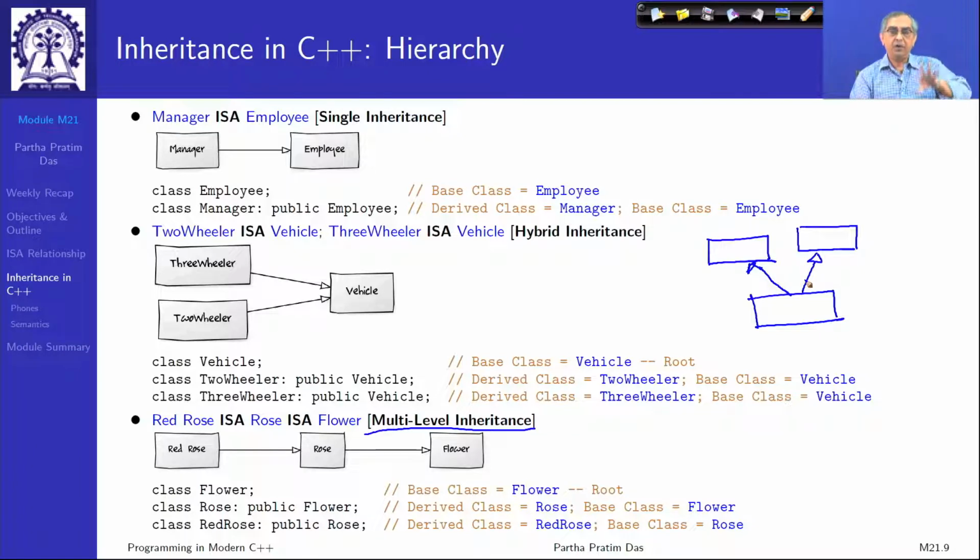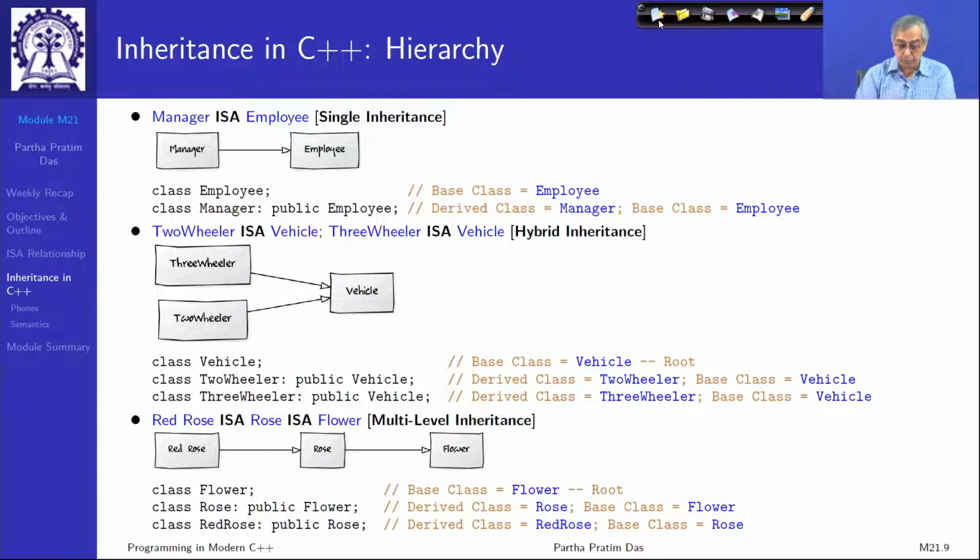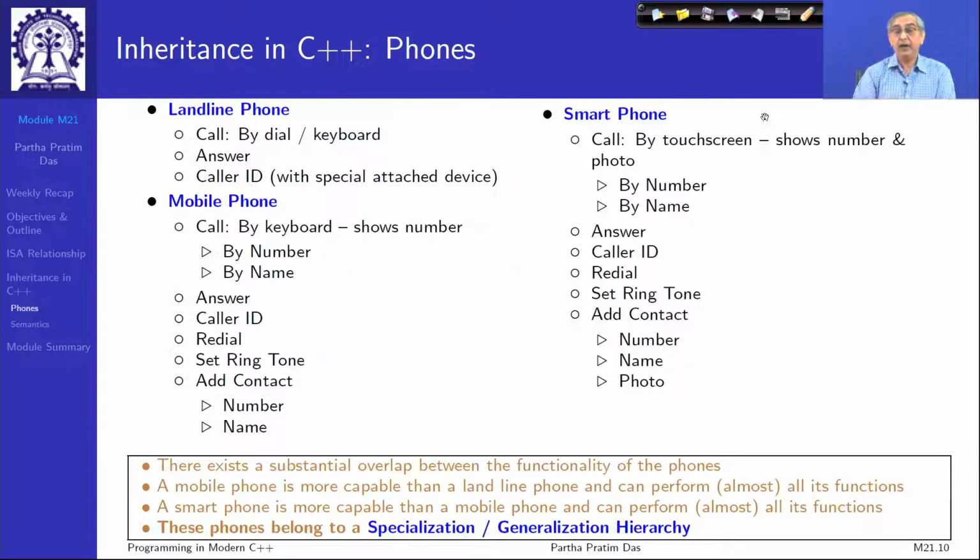That is, concept wise, far more complicated, so we are going to discuss it much later. I did not talk about it here. So, for now you have single inheritance, hybrid inheritance and multi-level inheritance to start with, which potentially can give rise to a hierarchy.